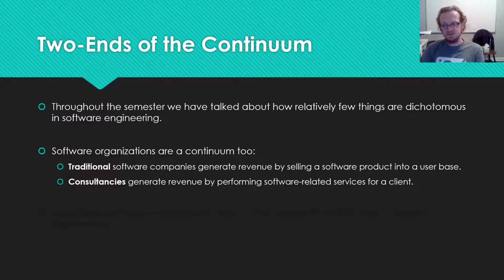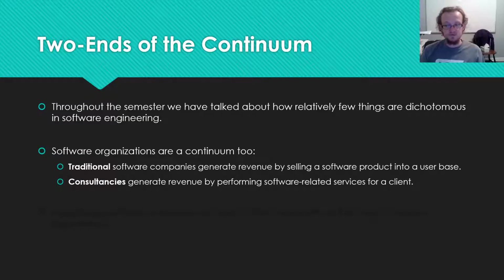On the complete opposite side of the continuum, you have what are typically referred to as consultancies. Many of you, if you have started looking at the job market, particularly in an area like Tallahassee, have noticed that there are a tremendous number of consultancies compared to traditional software companies. While there are hundreds of software companies, there are thousands and thousands of consultancies.